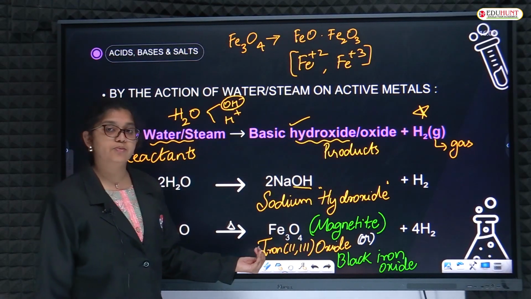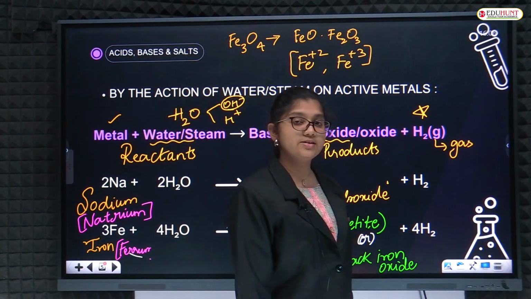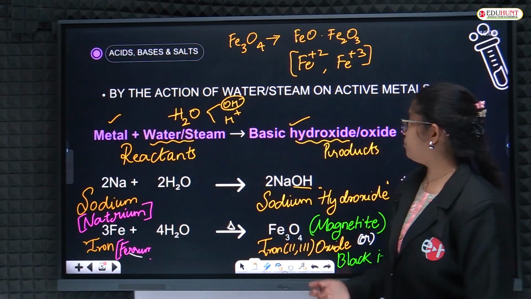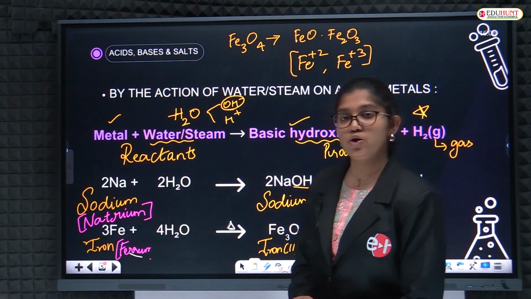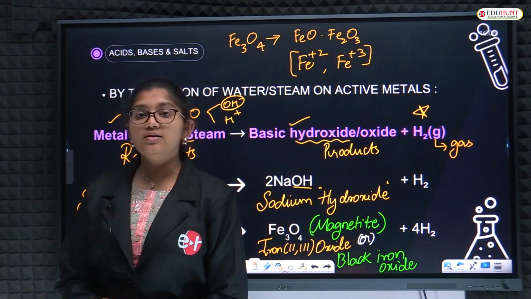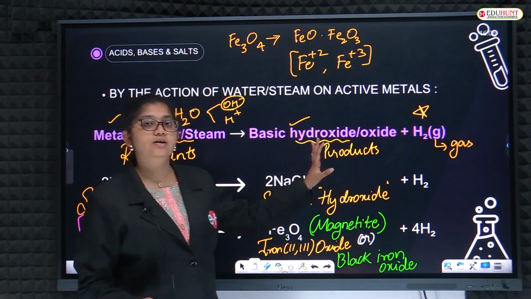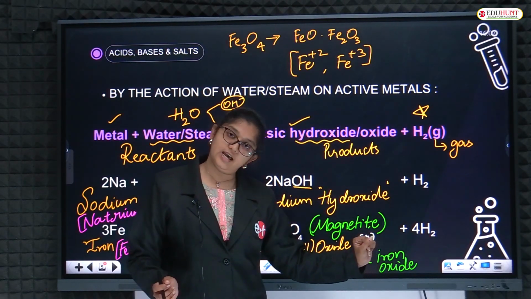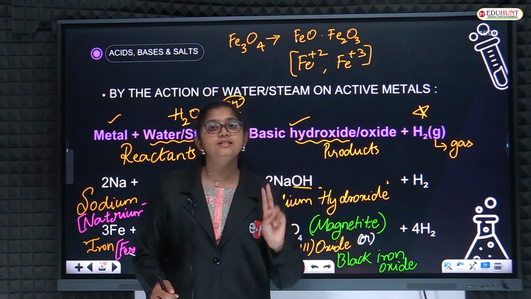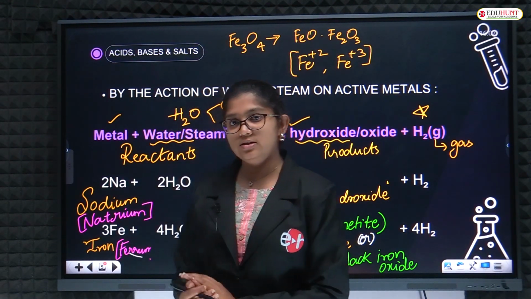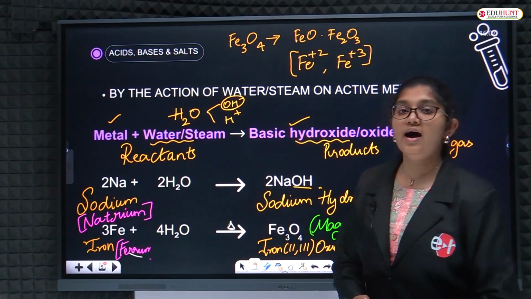And the liberated extra product is 4H2, which means hydrogen gas. So the point to be noted here: by the action of water or steam on active metals, we observe the liberation of hydrogen gas. Okay, children, this is all about the second method for the preparation of base or alkali.